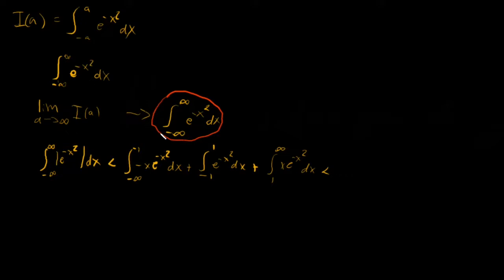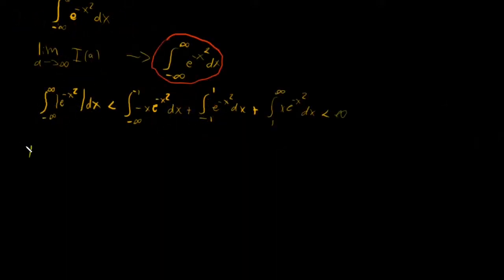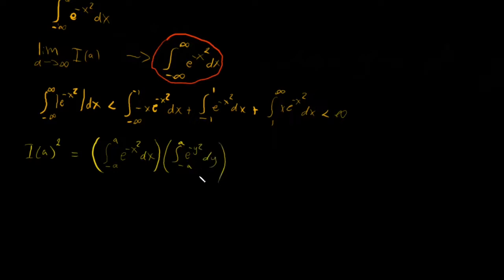So taking the square of I of a yields I of a squared is equal to, parentheses, the integral from negative a to a of e to the negative x squared dx, times, parentheses, the integral from negative a to a of e to the negative y squared dy. And this is without loss of generality. We're just introducing a new variable.